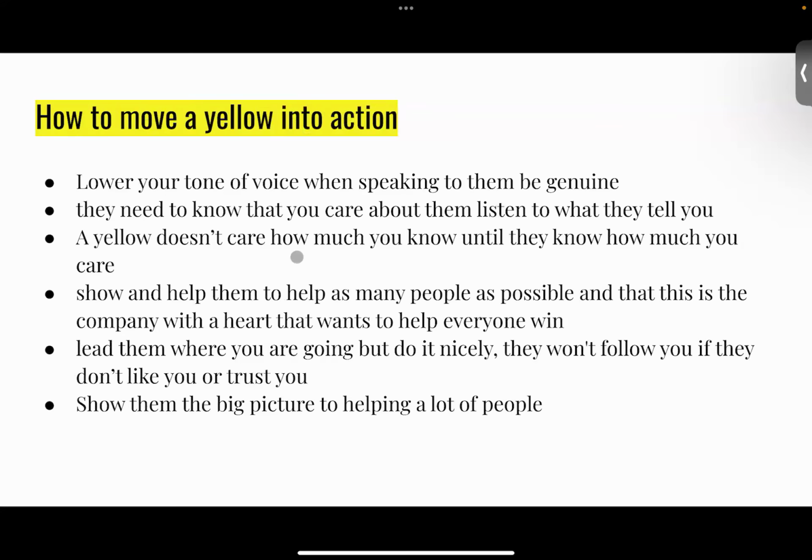How to move a yellow into action is lower your tone of voice when speaking to them and be genuine. This is so key. Sam talked about this last week a little bit, the tonality of voice when you're public speaking and things like that. When you're talking on a stage or talking to people, you want to be able to read the room.